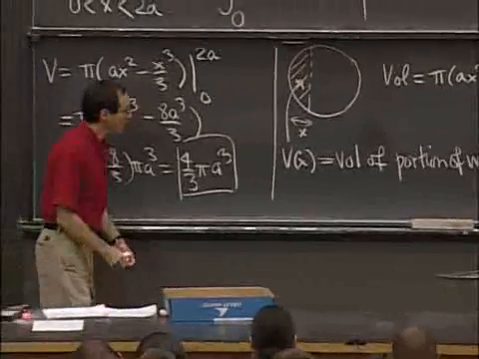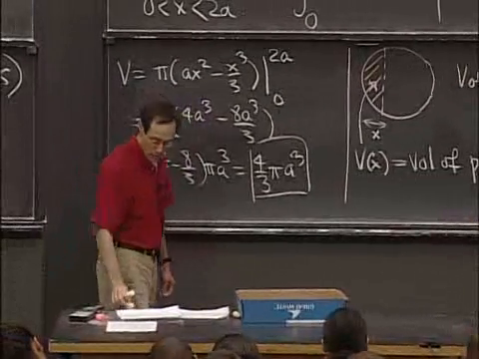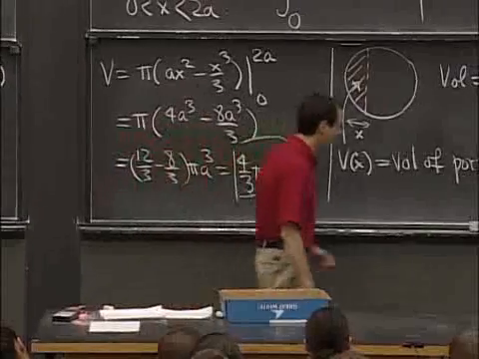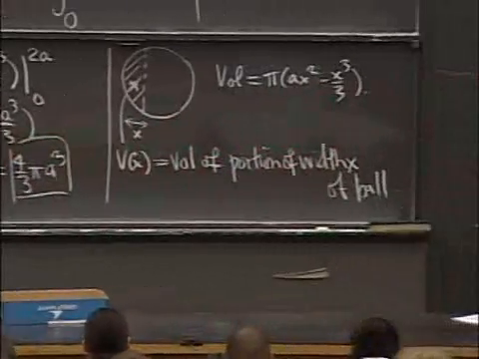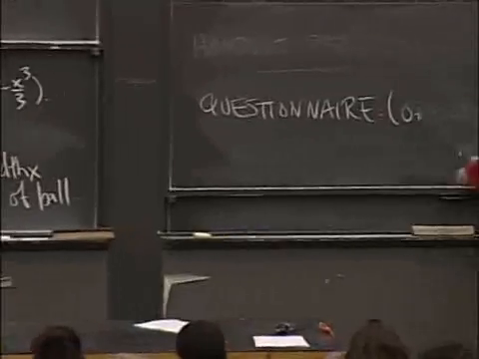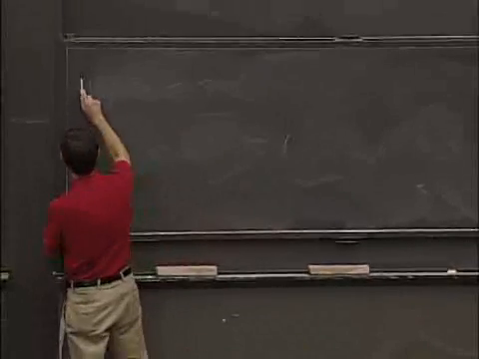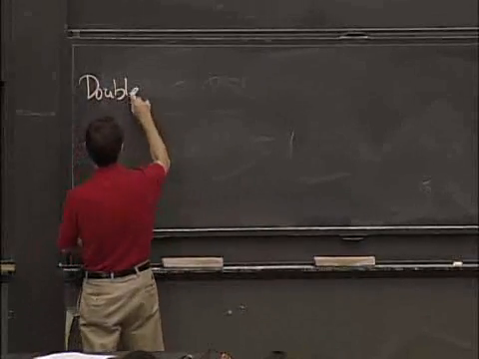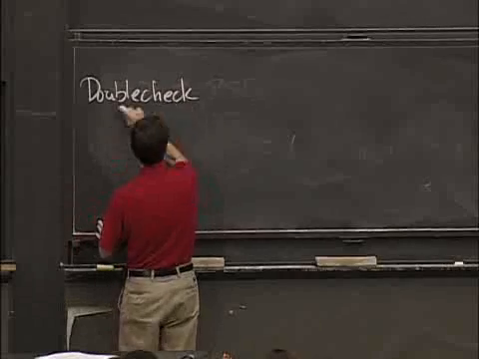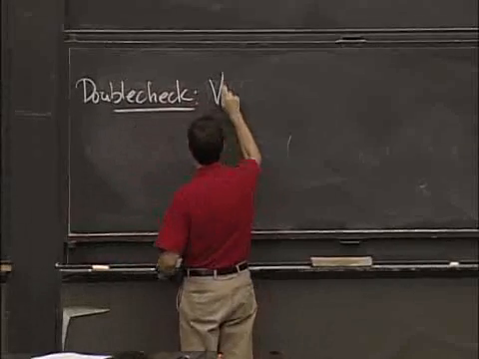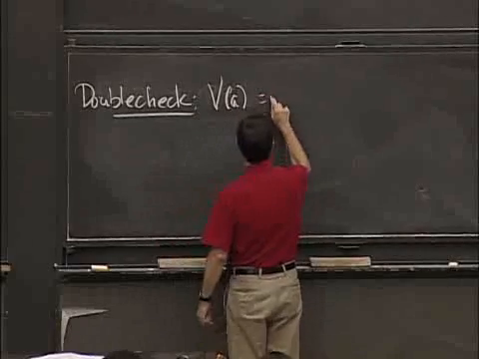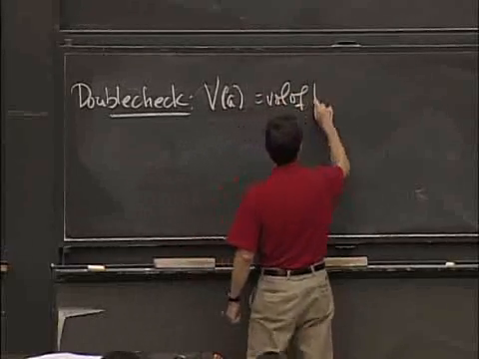For instance, if you plug in x equals a, and this is a good idea to do because it checks that we've actually got a correct formula here, you can call this a double check. If you check v of a, this should be the volume of a half ball.